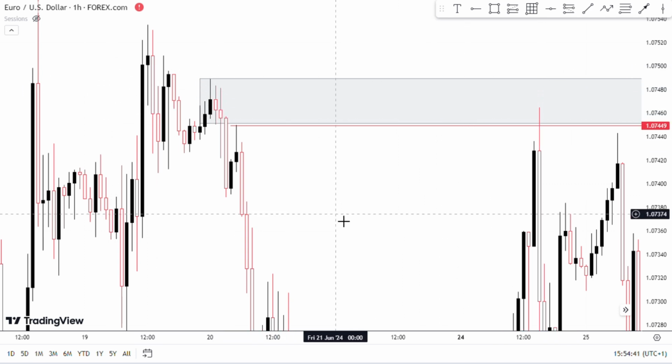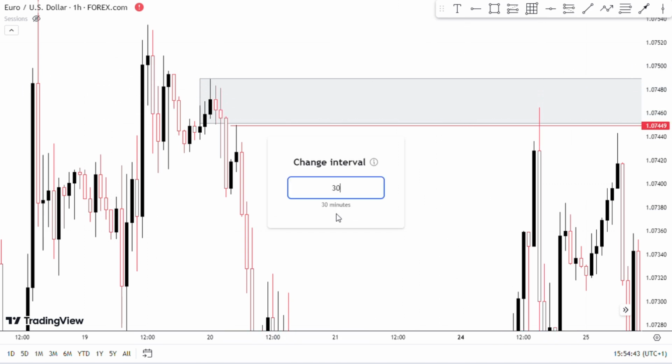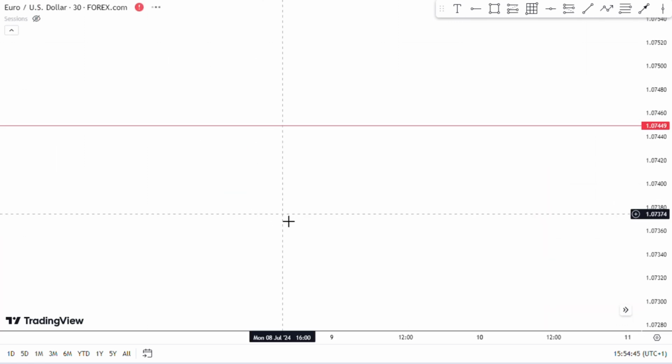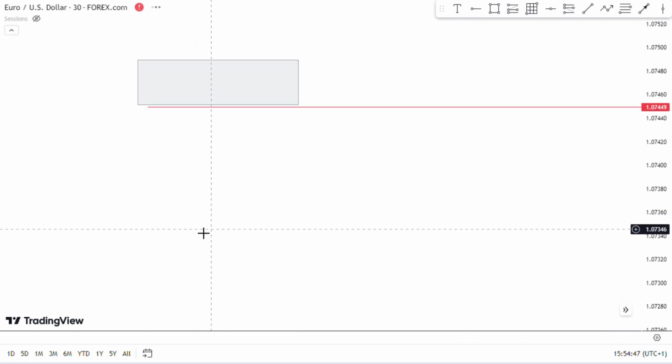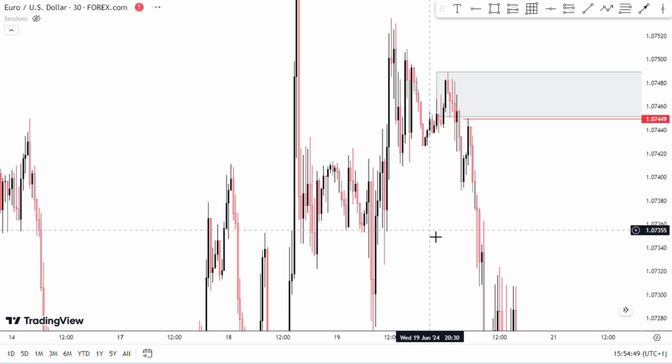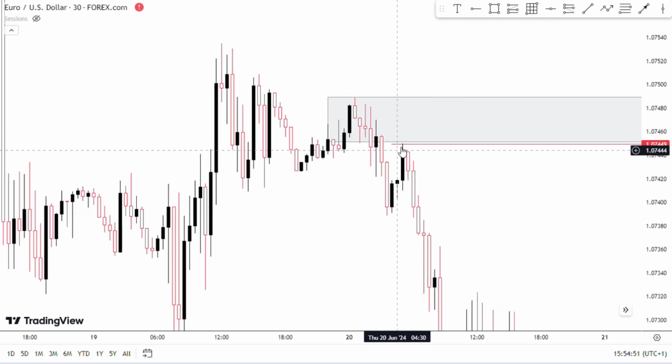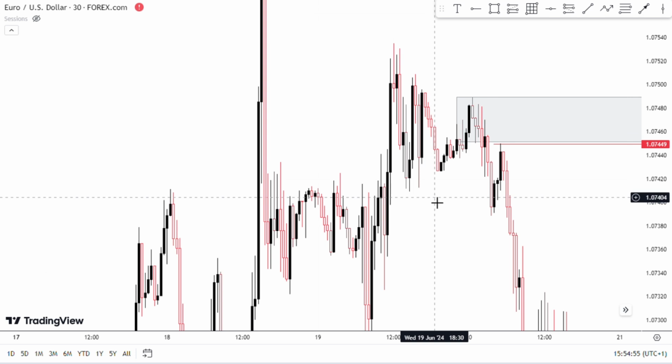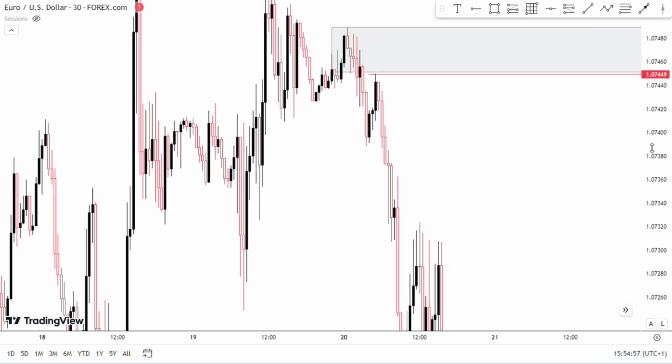But if you check the 30 minutes time frame, so we are on 30 minutes right now. This is the high. I'm seeing that price is probably going to take it out.